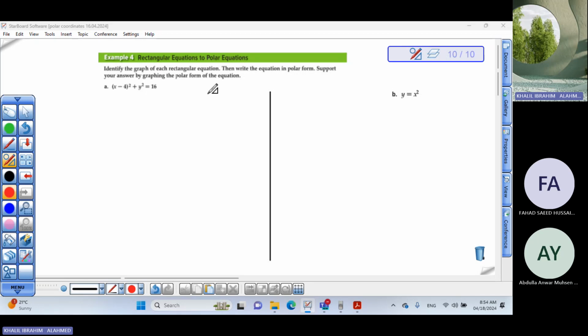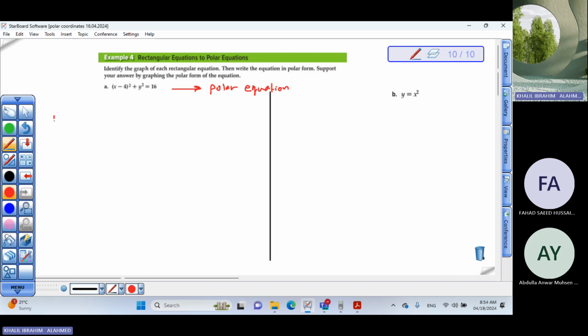Then the two equations here, A and B, are rectangular equations because the components of each equation are x and y, rectangular coordinates. Good. The question here, how do we convert this rectangular equation to a polar equation?